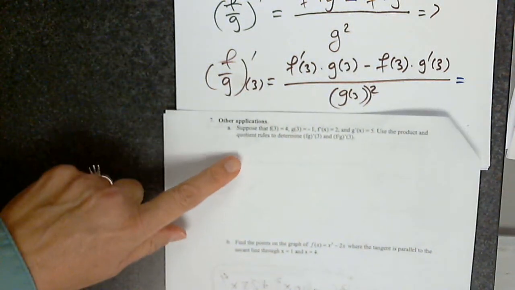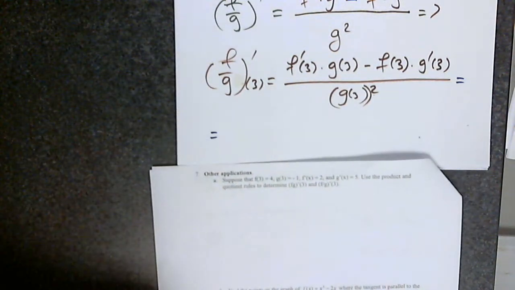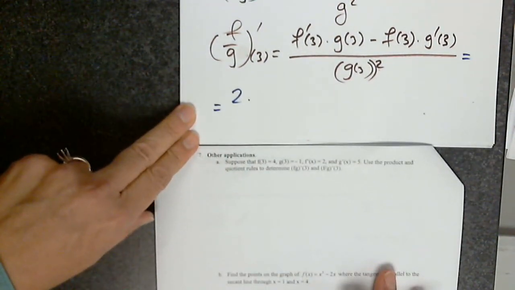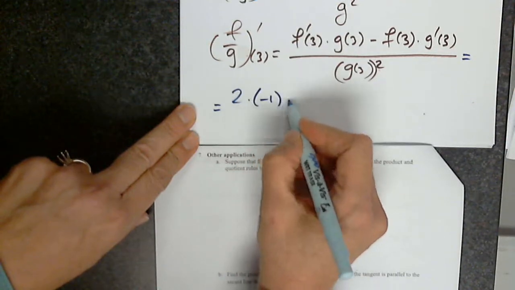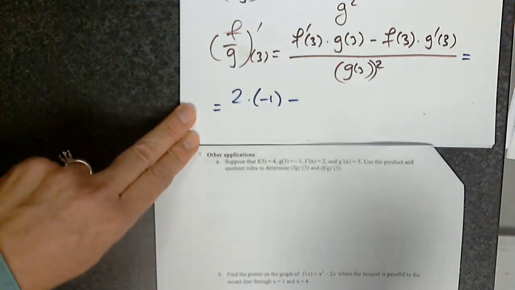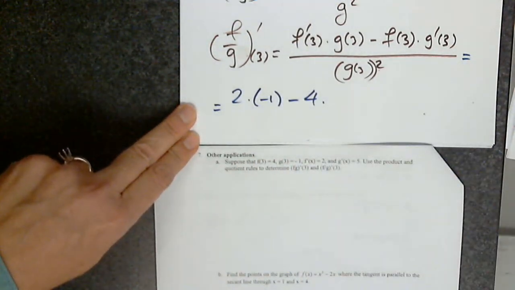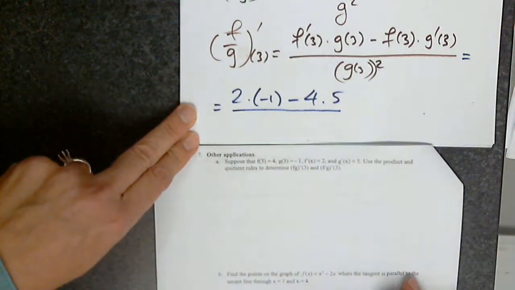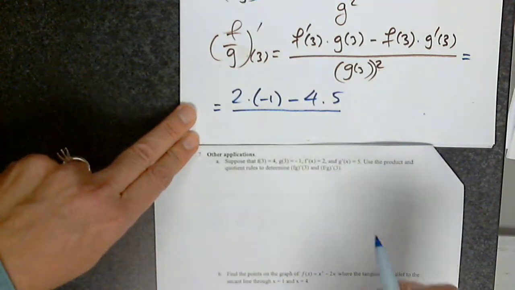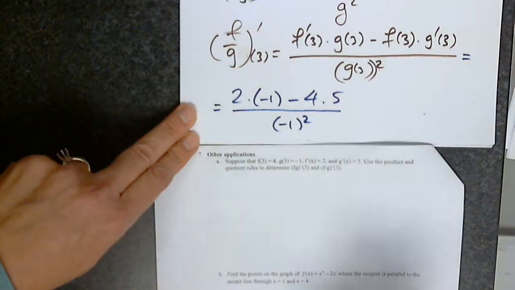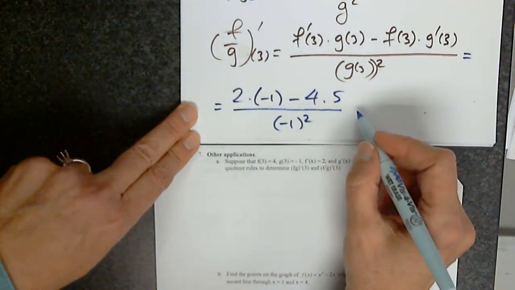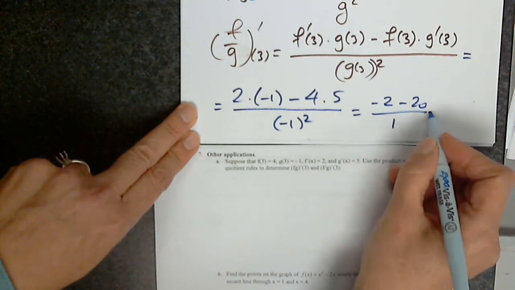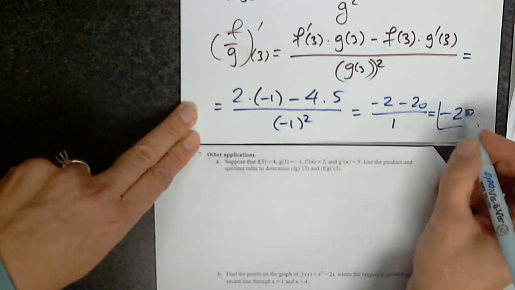F prime of 3 is 2, g of 3, f of 3, g prime of 3, over g of 3. So then the top is negative 2 minus 20 over 1, which is negative 22.